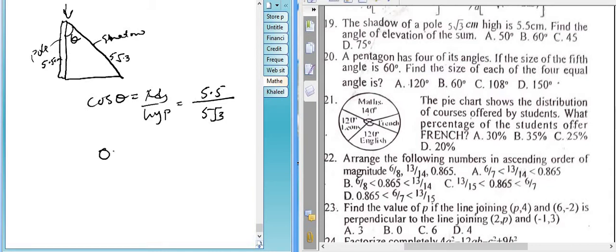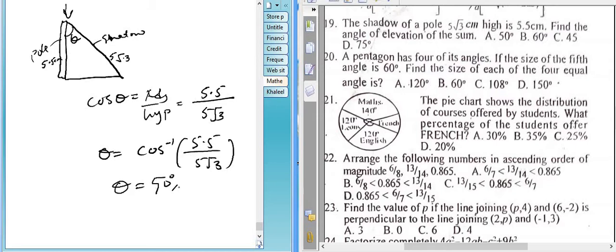Therefore theta is equal to cos inverse of 5.5 all over 5 root 3. After putting this in the calculator, it's going to give you 50 degrees, which is option A.